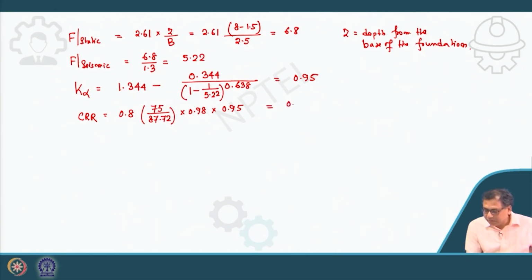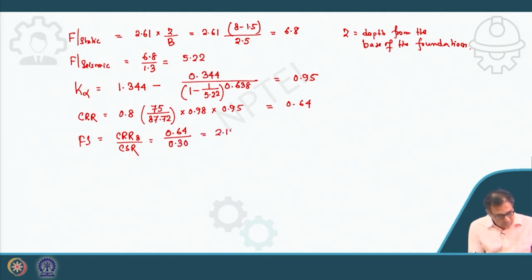So it is 0.64. So my factor of safety will be CRR for 8 and CSR, that is 0.64 divided by 0.30. So it is 2.12. So still it is safe.